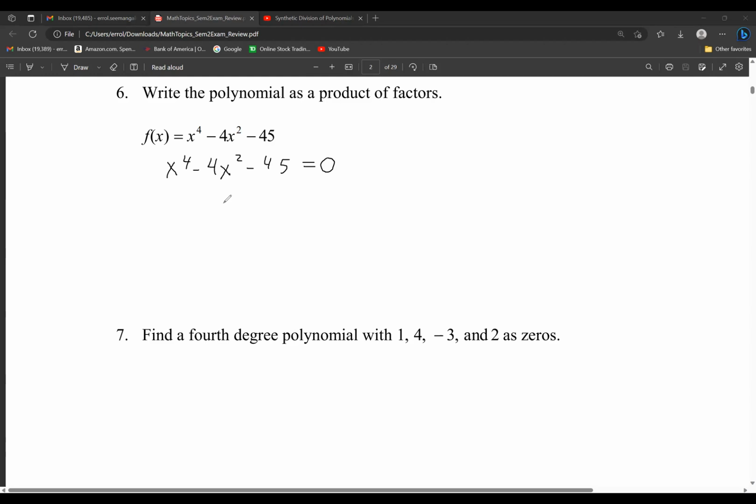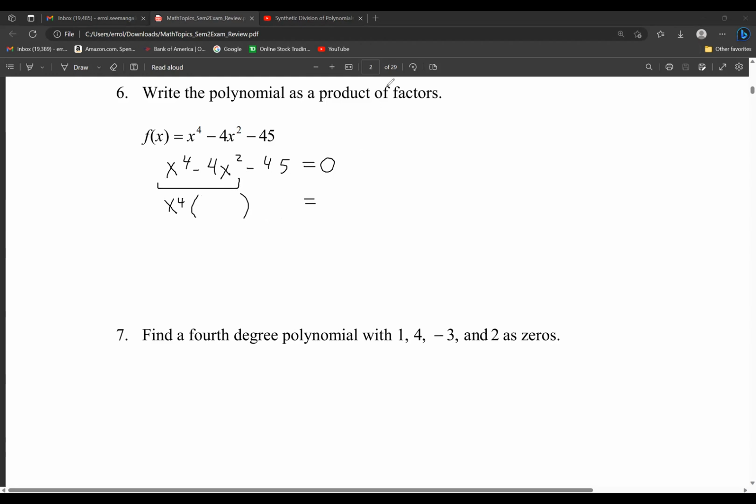We could do the x to the 4th, and then in parentheses we could have x minus 4. x minus 4? No. What's the GCF out of those two?